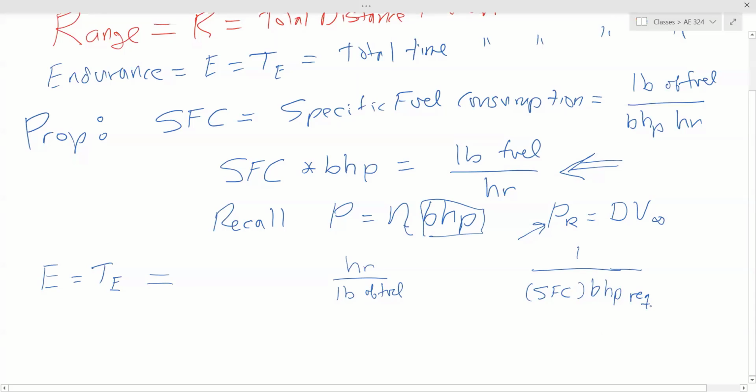So the brake horsepower required times the specific fuel consumption. And in fact, the endurance is really the maximum hours per pound of fuel. So we're going to call this actually the max endurance. We take the maximum of this.